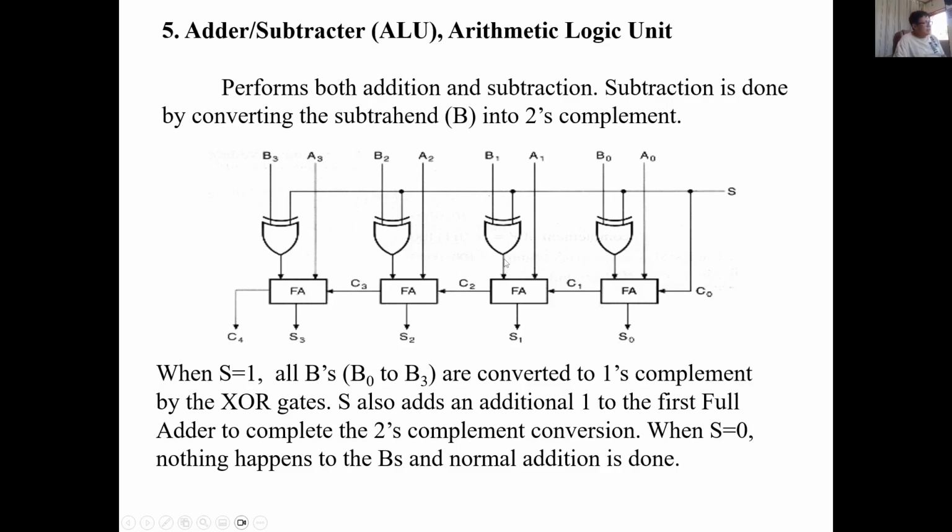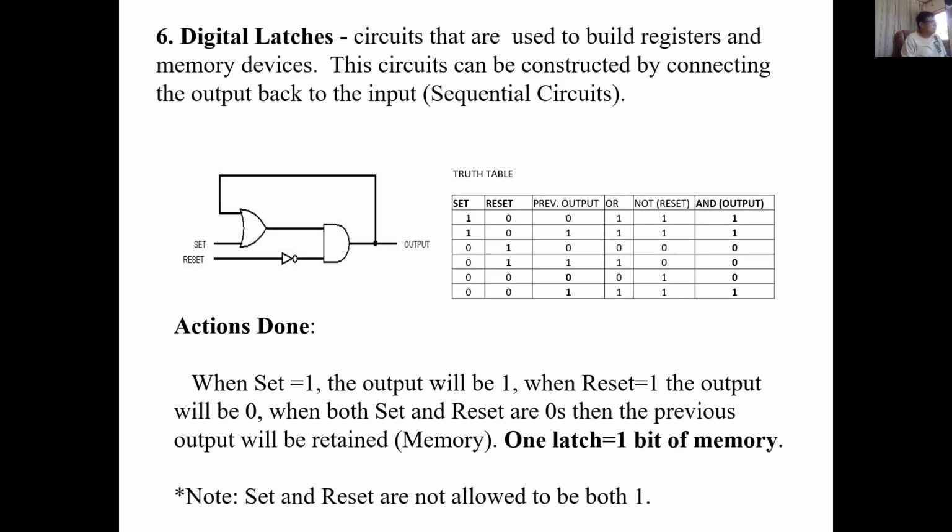Now, this is a subtractor in the sense that when subtract is 1, B is converted into its 1's complement. Remember that we can subtract a number by adding its two's complement. In this case, B is complemented by an XOR gate, and the additional one is added to the first carry of the first full adder. We'll create a circuit like this to demonstrate the process using CircuitVerse.